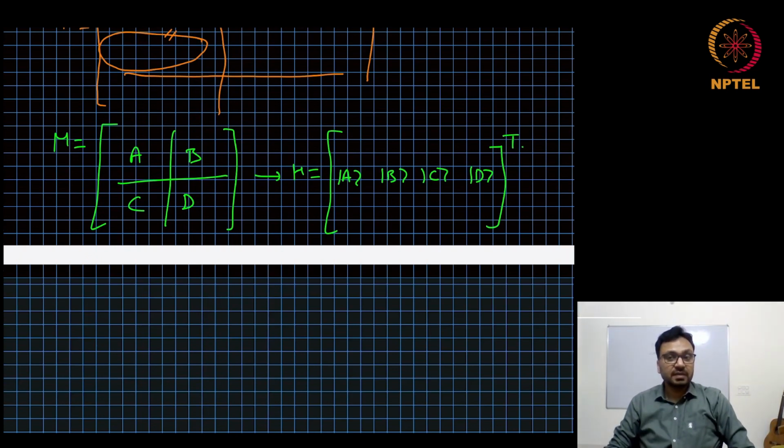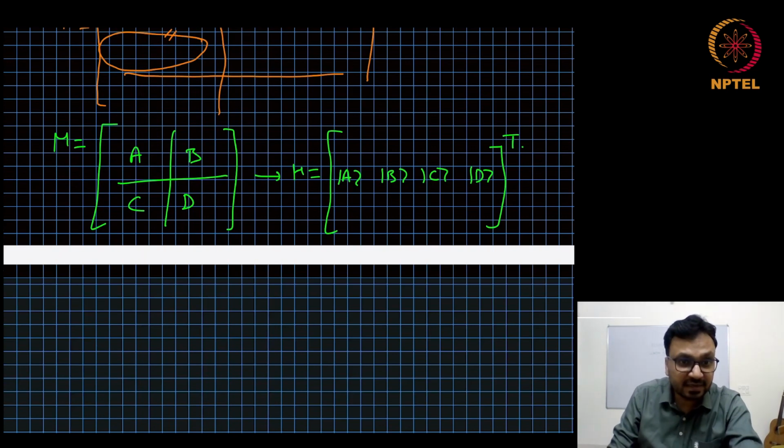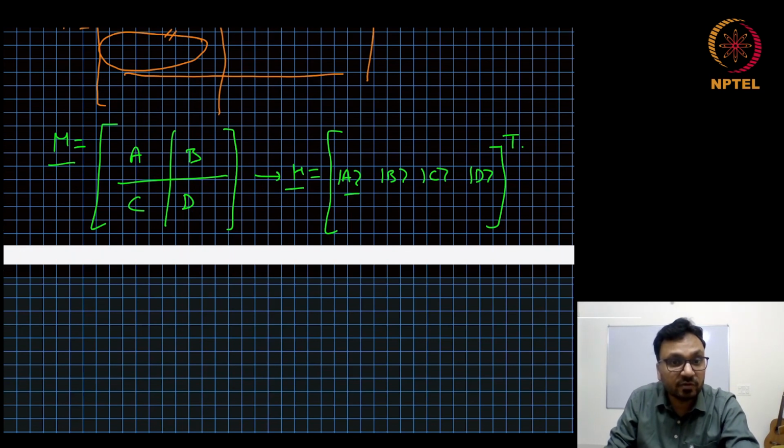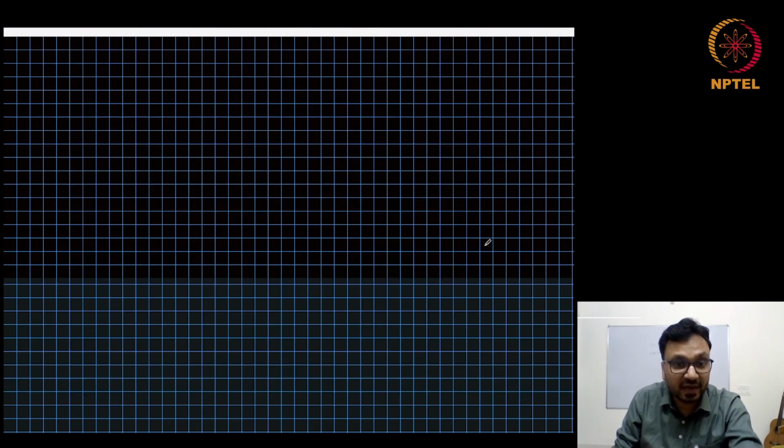If we do this, then we can go from M to H, where A vector is the unfolding of the matrix A, B vector is the unfolding of matrix B, C is the unfolding of C, and D, and we put them as columns and then we take the transpose. So in that way we can go from M to H.